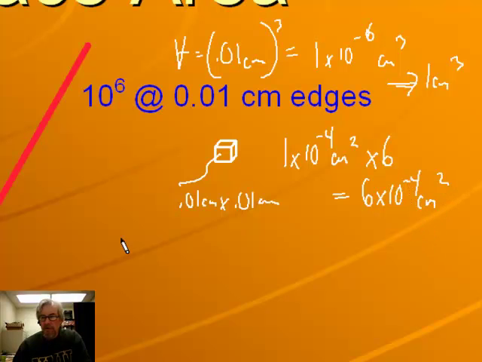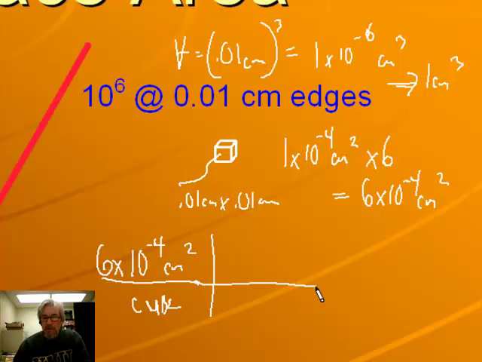Now let's multiply that by the number of cubes. 6 times 10 to the minus 4th square centimeters per cube times 1,000,000 cubes. What we get is 600 square centimeters.